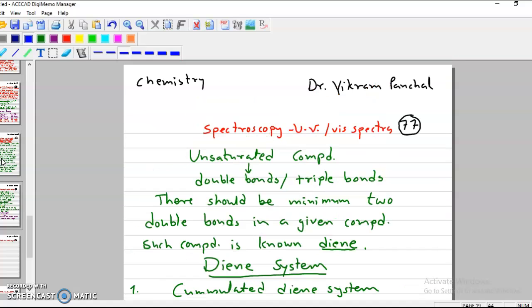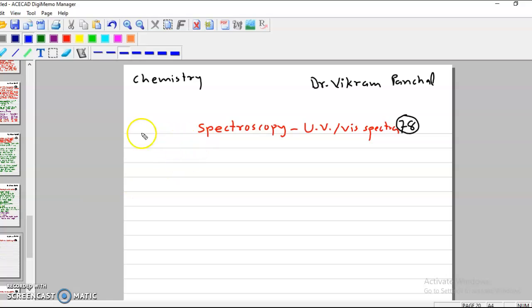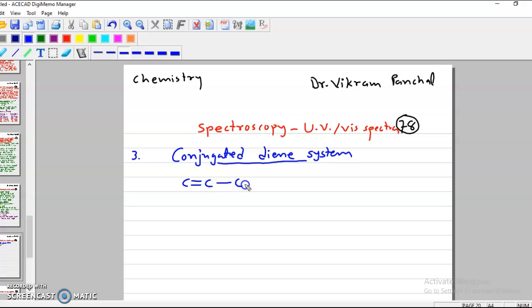The next system is the conjugated diene system. Here there will be C double bond C, then a single bond C, and then C double bond C. That means you find a minimum of 2 alternate double bonds.